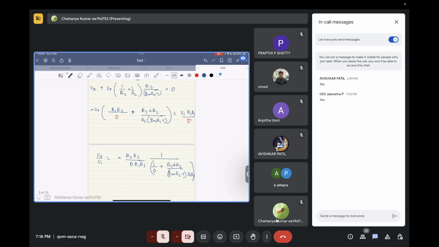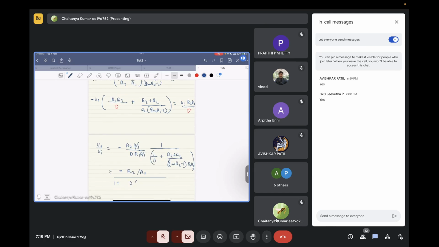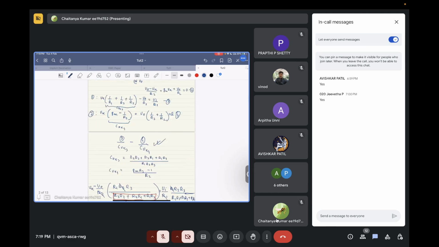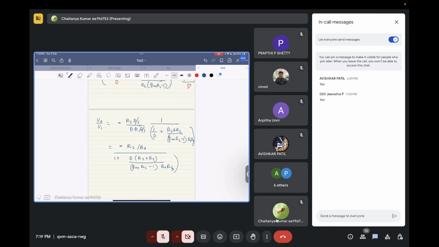Okay, and if D we take inside, R3 and R3 will be removed from here, and if we take D inside, we have minus R2 by R1 divided by 1 plus D times R2 plus R3 divided by GM R2 minus 1 times R1 by R1 R3.